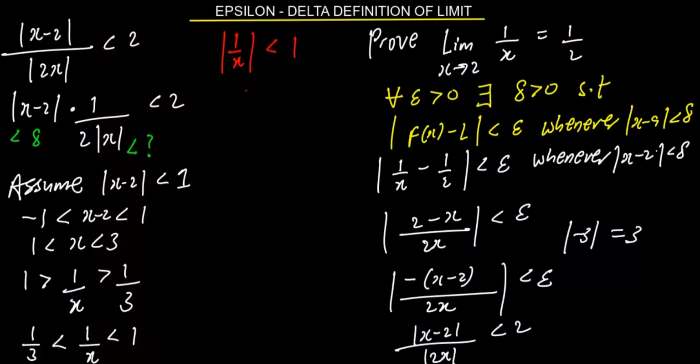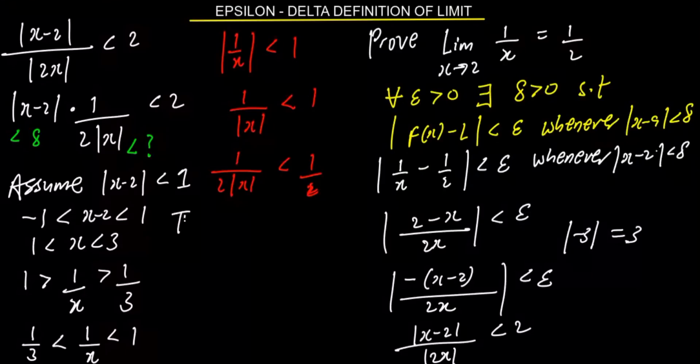Now, it means that 1 over absolute value of x is less than 1. And remember what I'm having here is 1 over 2 absolute value. It means that if I multiply both sides by 1 over 2, I'll actually get what I'm looking for. So therefore, I'll be having 1 over 2 absolute value of x less than 1 over 2. It means that what I'm having here in disguise is less than 1 over 2.